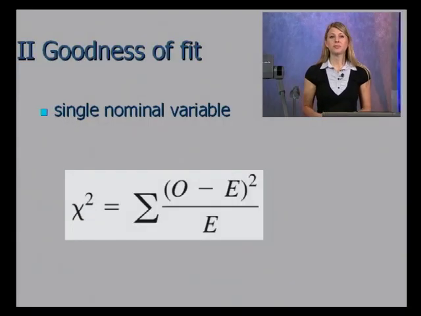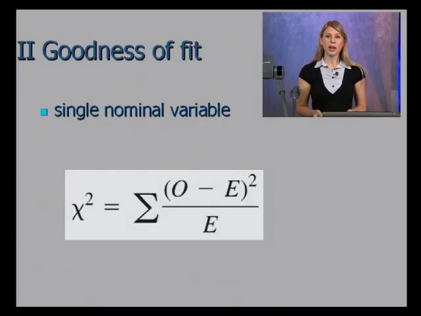All right, so the first type of chi-square test is used when you only have one variable, one nominal variable. And that chi-square test is going to test some sort of predetermined fit of the different categories of that variable. So for example, I might want to know if there's a difference in sex that signs up for a Psych of Women course.